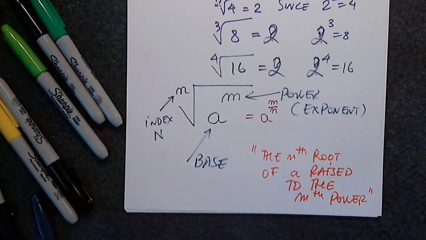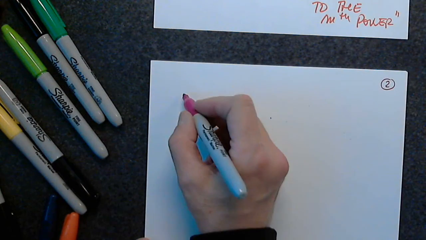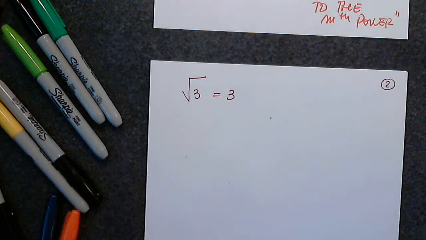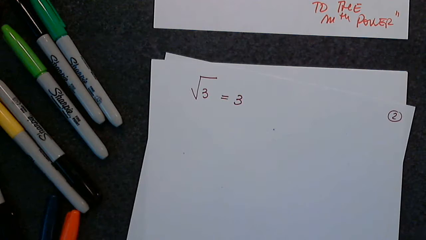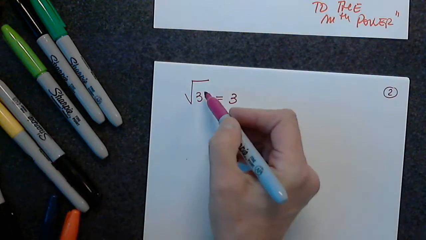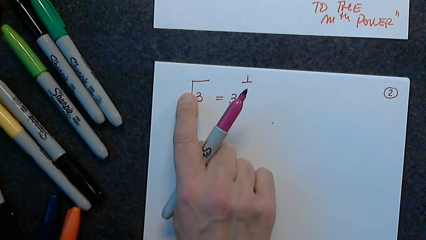So we need to remember that the square root of 3 is the same as 3 raised to which power? Well, inside the radical is 3 to the first. Look at that as the top part of the fraction. Yes, excellent. Power 1, so it's 1 over... The index cannot be lower than 2.